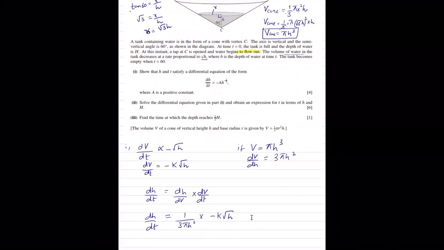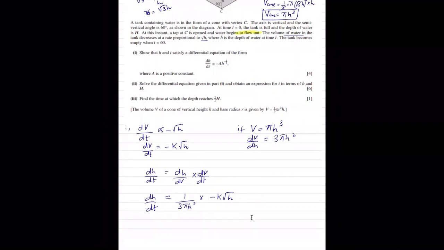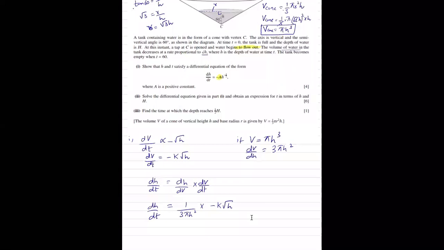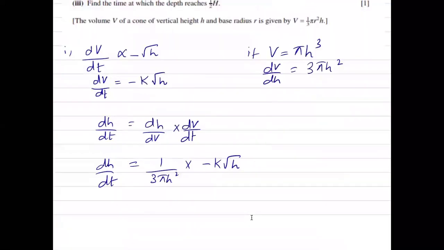No, I think you need to find the h. So we do not have sufficient information to find the value of k, but if we see the question, they have introduced a new variable, minus a, over here. So basically a is going to refer to a constant value.